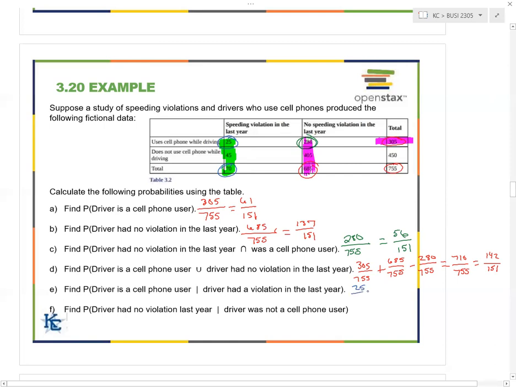So that's 25 over 70, which reduced is 5 over 14.